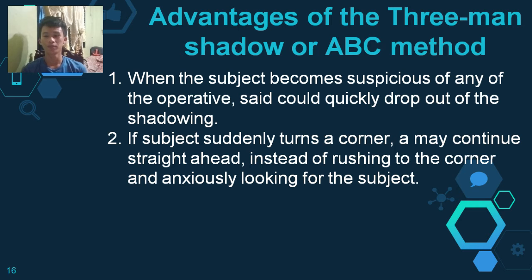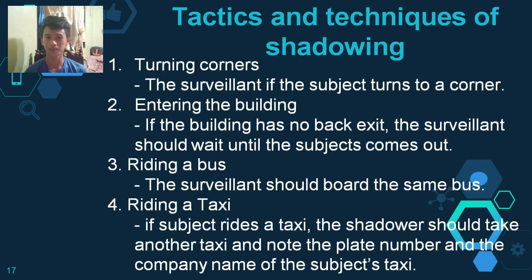So if I am A and it seems the subject has noticed me, I should disappear so that I won't be followed and seen again. If one is noticed, he is out. Then if the subject suddenly turns a corner, B may continue straight ahead instead of rushing the corner and anxiously looking for the subject. So this is planned. These are the tactics and techniques of shadowing.